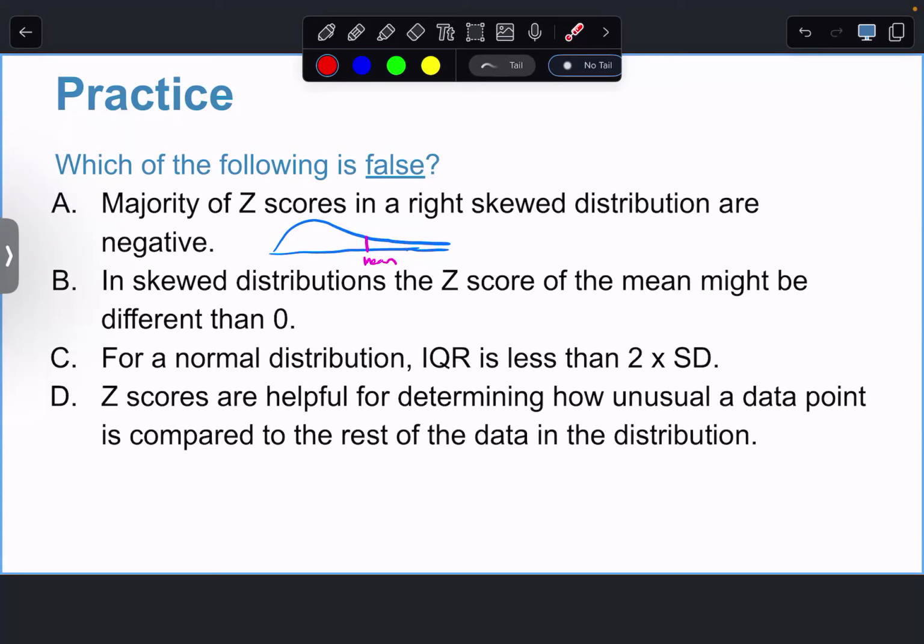If you're above the mean or below the mean, that's indicated by a positive or a negative in your z-score. So here you would have negative z, and here you would have positive z. Making this true: the majority of z-scores in a right-skewed distribution are negative. That's true.